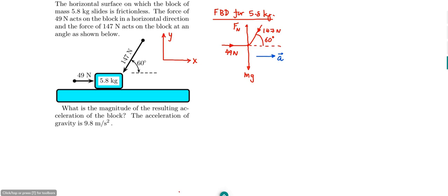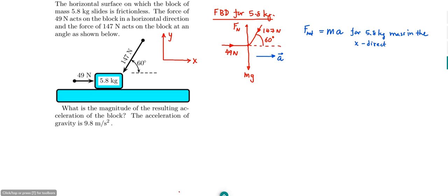I have drawn the free body diagram. Now I'm going to apply Newton's second law in the direction of acceleration to that object. Okay, so now I'll write F net is equal to mass times acceleration for the 5.8 kilogram mass in the x direction.